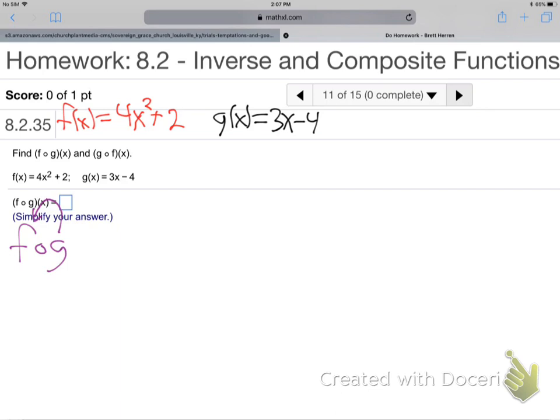All right, how we doing? It's working out. So take all of g and put it into f. Good to there?